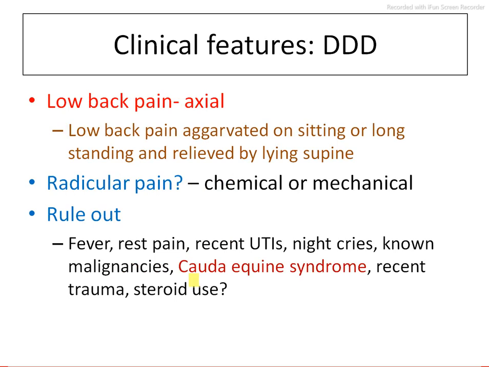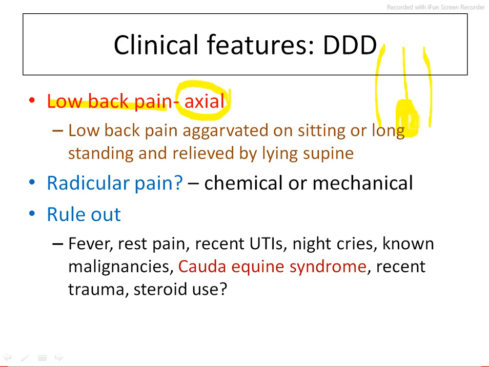Now let us discuss the clinical features of degenerative disc disorders. One, the commonest and foremost, is low back pain. And what type of low back pain is it? It is axial. Axial in a sense, suppose this is your trunk and here is your spine. Axial means relating to this area, the central core of the body only.